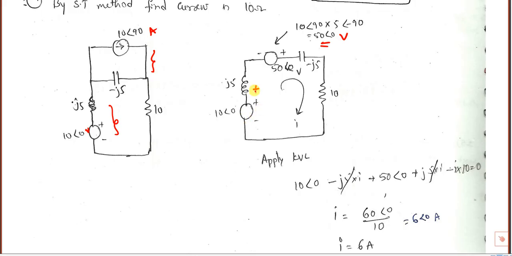This is plus to minus, this also plus to minus. I can apply KVL starting from this.